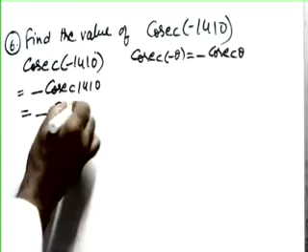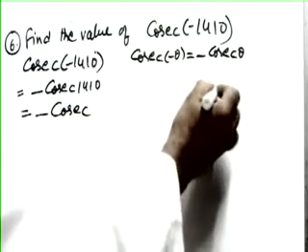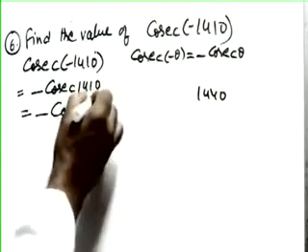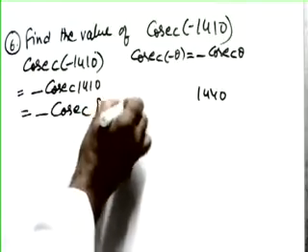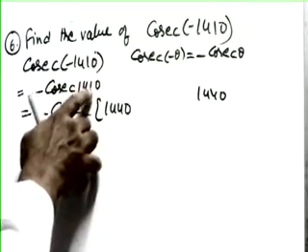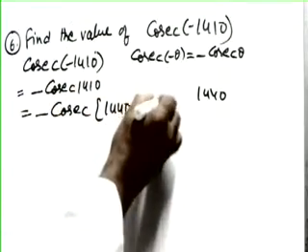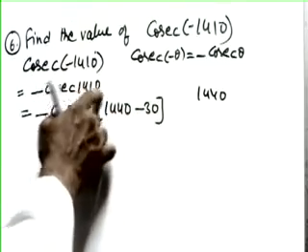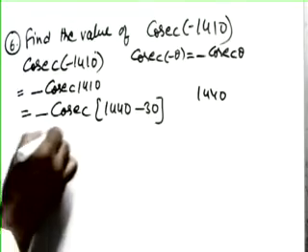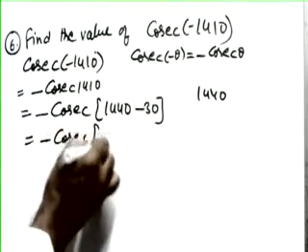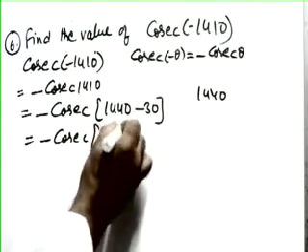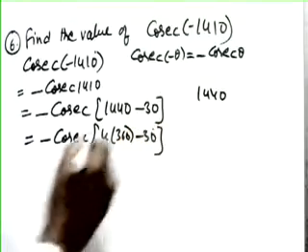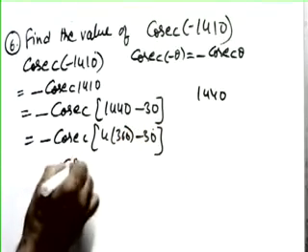Now for 1410, we have seen minus cosec. This is near 1440, so we can write 1440, but this is less by 30, so minus 30. 1440 minus 30 is 1410. So we can write minus cosec of 4 into 360 minus 30.